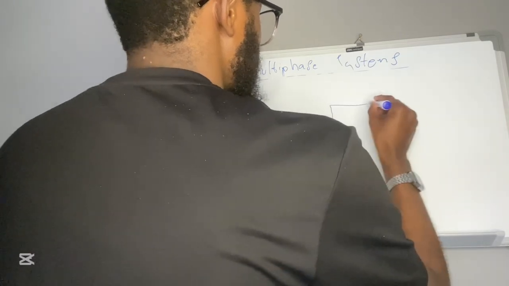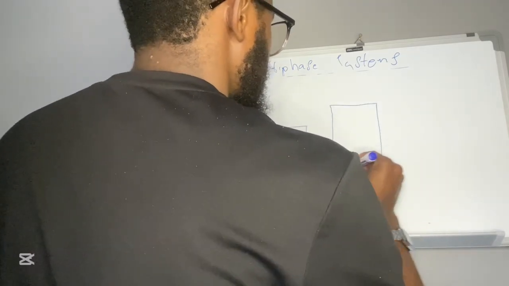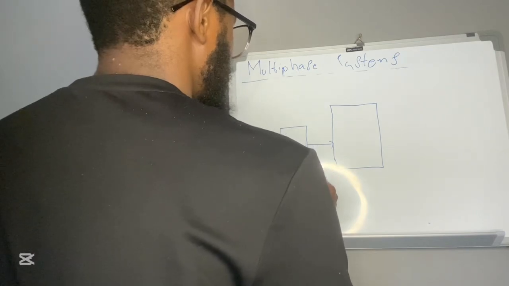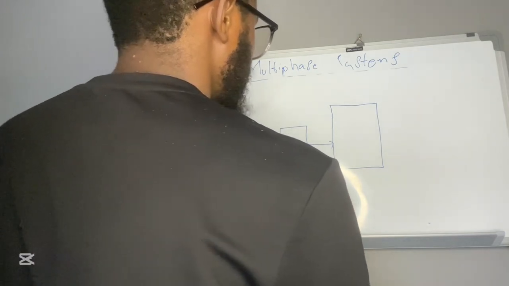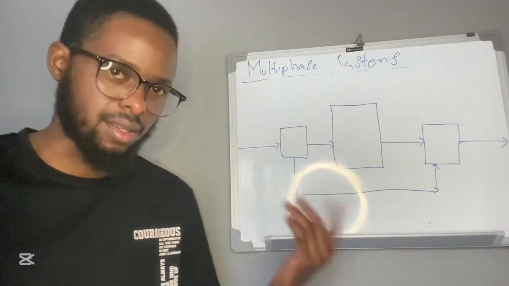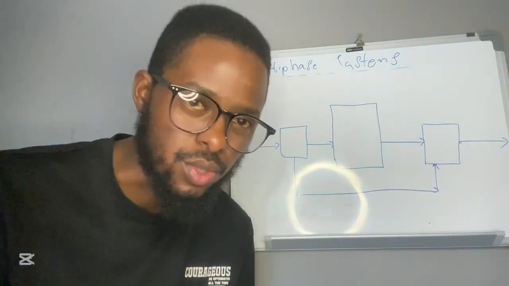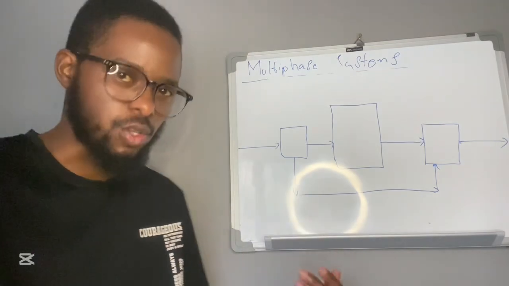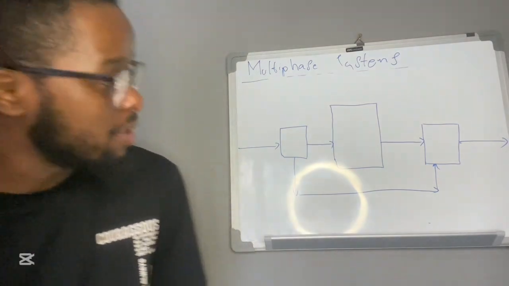So this is the major process unit, and then the stream goes like this, bypassed, and then it goes to the lagoon. This is the proper way of doing the flowcharts. Do not do it like the previous one, because you're not going to get as many marks, okay?